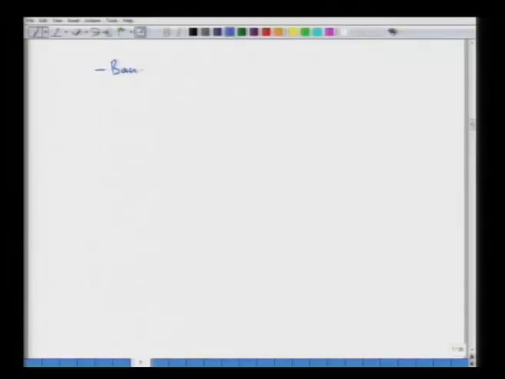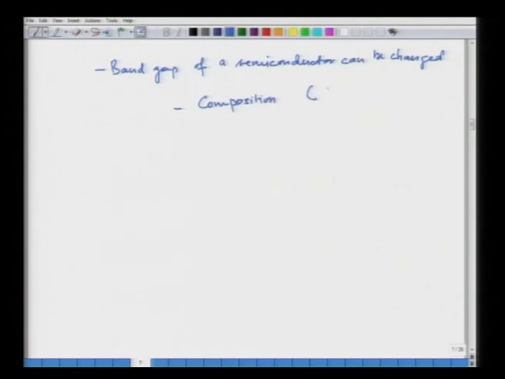So far what we have discussed is that we can change the band gap of the material. Band gap of a semiconductor can be changed using different means. Via changing its composition, and 3-5 semiconductors provide the entire composition range for this.